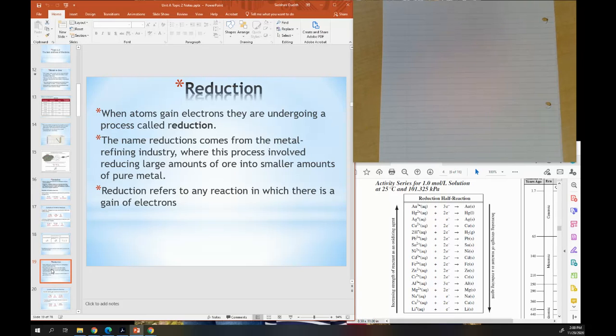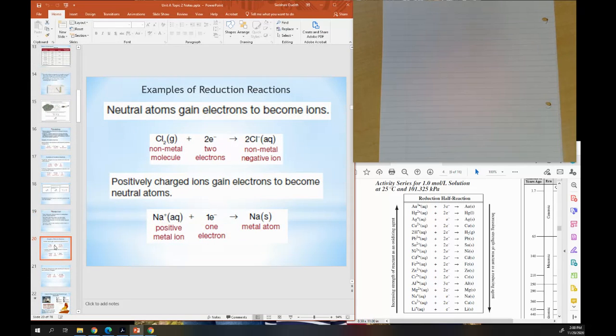Again, I'm going to just show you a few half reactions to give you an idea of what reduction looks like. So some examples of reduction atoms, you're going to notice that these are very similar to the last ones we saw. And look at that. They're using the chlorine example, but this time they have it written properly as Cl2. Thank goodness. So we can have neutral atoms gain electrons to become ions.